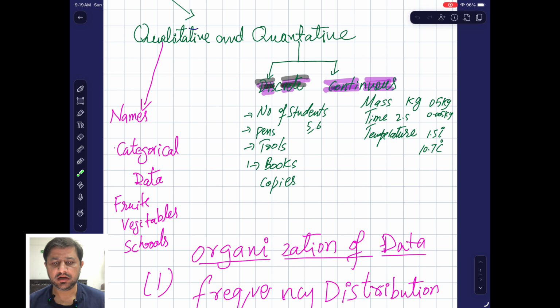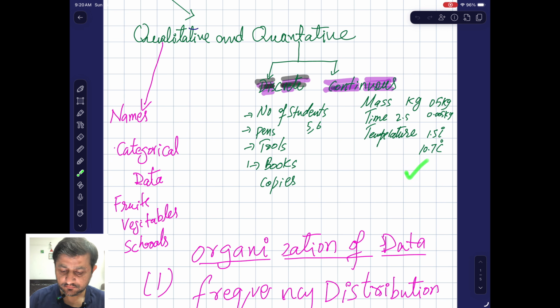Countable quantities are discrete quantities, whereas measurable quantities in decimals, in the real numbers, are known as continuous data. For example, mass, time, temperature.